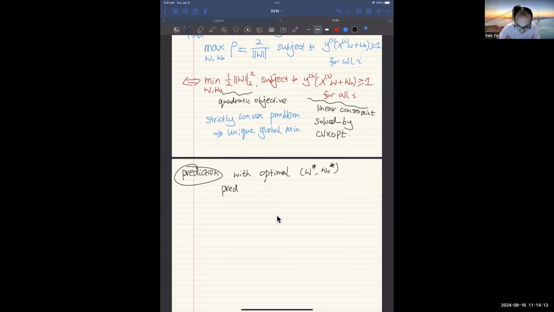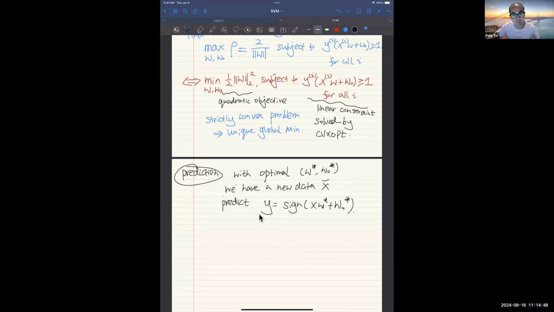With a new data point x, we can predict the class y as the sign of this linear function. So if it is positive, it will be +1. If it is negative, it will be -1.